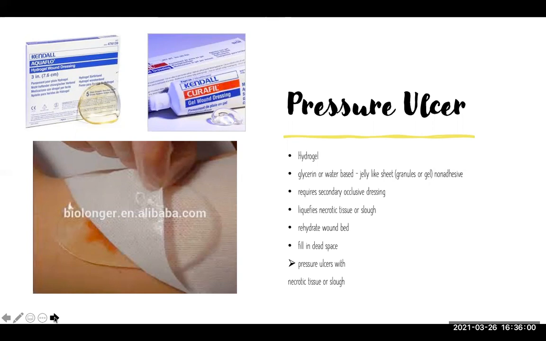So it's good for stage 3 wounds, like we said, and stage 4 wounds that need debridement. And also, like I said, it's going to need a secondary dressing on top of it. So it's going to be one of those layered type dressing procedures.